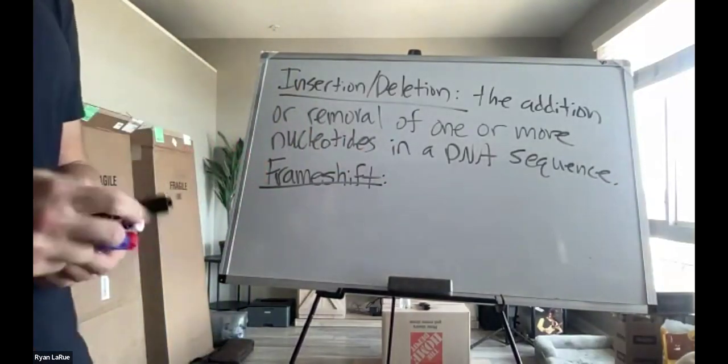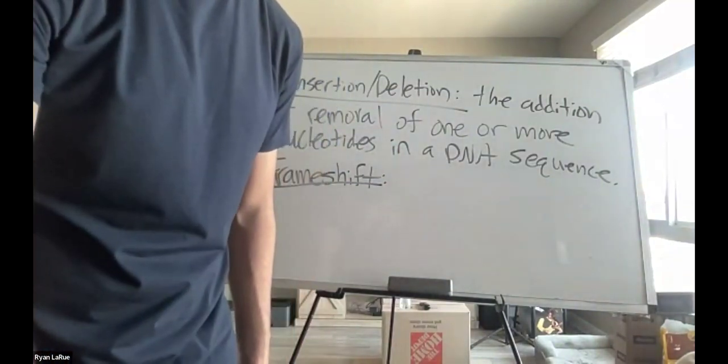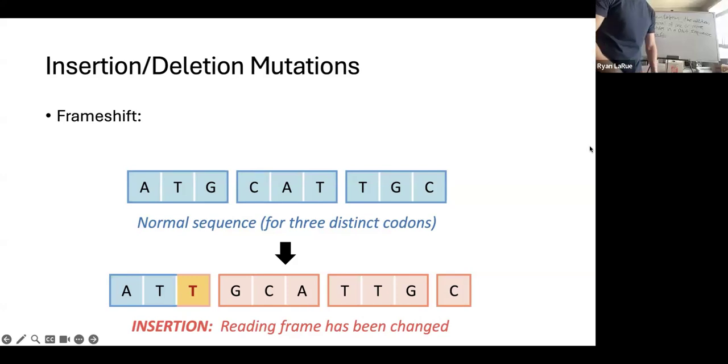Okay, so let me explain what a frame shift is first, and then we'll write it in. But you might have noticed here that the insertion of this extra T in between the G and the C caused a frame shift mutation. And the reason is whenever the insertion or deletion isn't a multiple of 3, it shifts the reading frame.